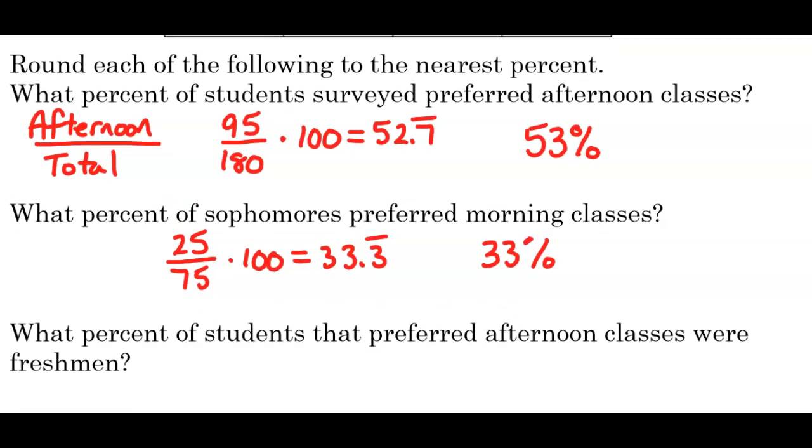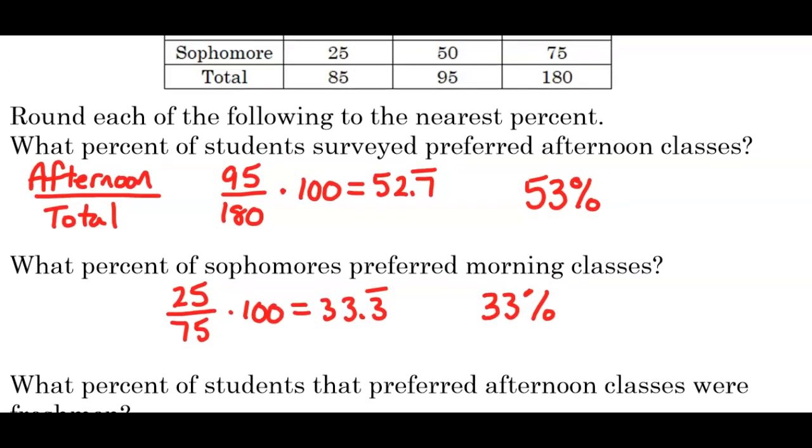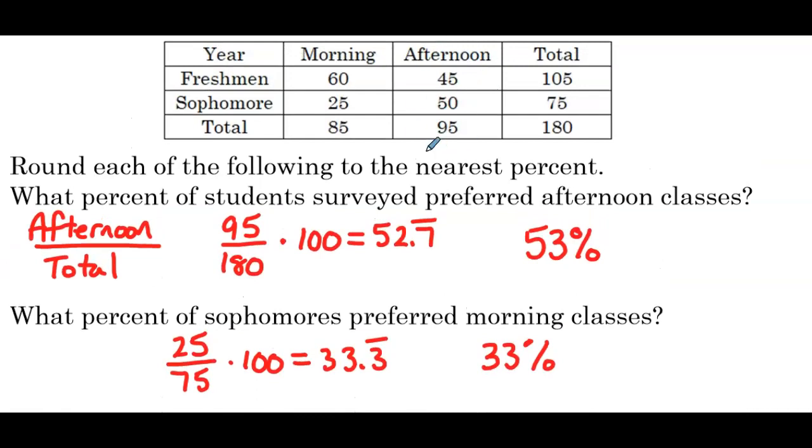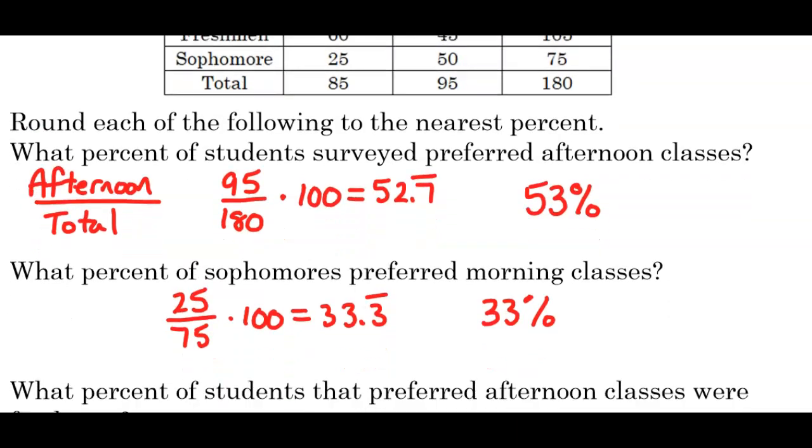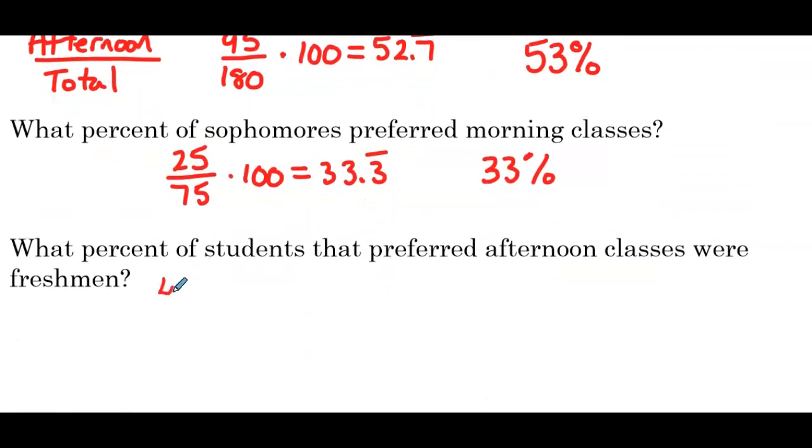What percent of students that preferred afternoon classes were freshmen? Okay, so now we're focused on just the afternoon class column. Okay, and we want to know out of all the students that fall into this column, so out of the 95 students, how many were freshmen? Okay, so we look and we see that value would be 45, and we want to turn that into a percentage. So there were 45 freshmen that preferred afternoon classes out of the total 95 students that preferred afternoon classes, times 100.